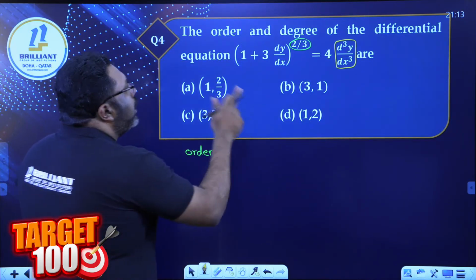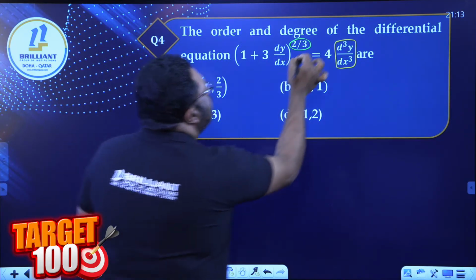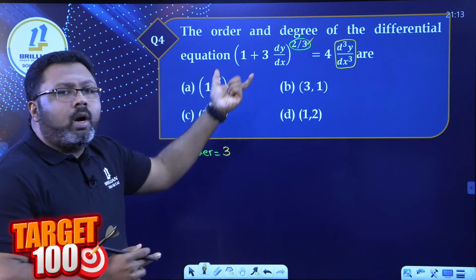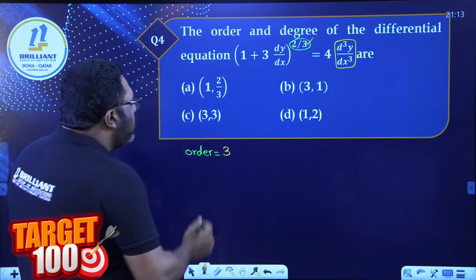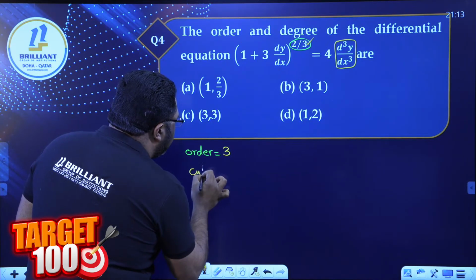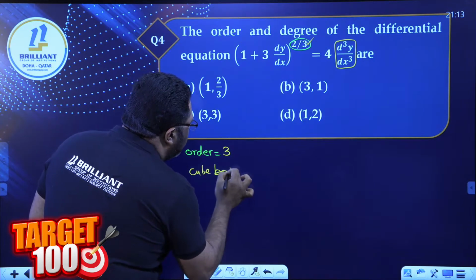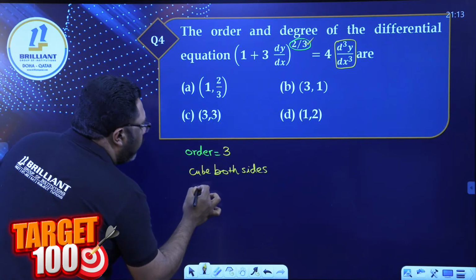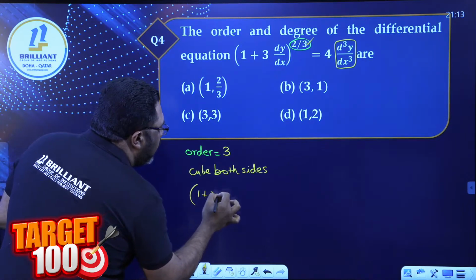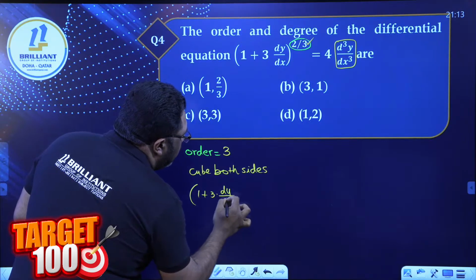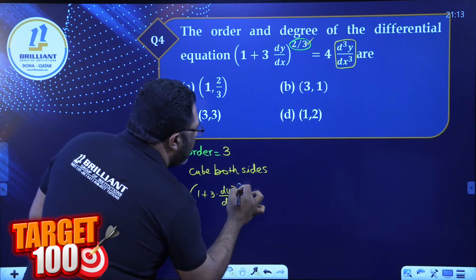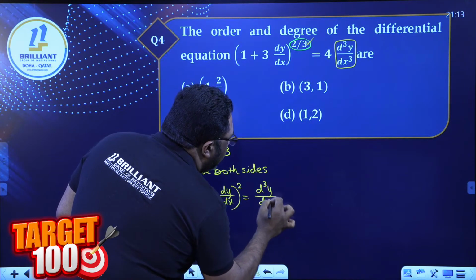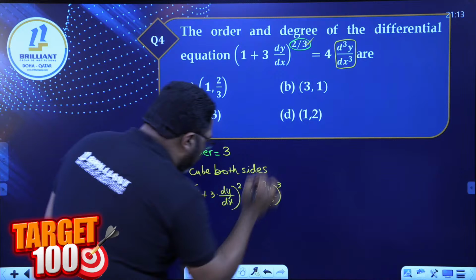Okay, order is 3. Now I have to get rid of this 3 in the fraction, so that I get the power in the form of a polynomial. So I am going to cube both sides. When you cube it, your left hand side is (1 plus 3 into dy by dx the whole squared) is equal to (d cube y by dx cube) the whole cube.